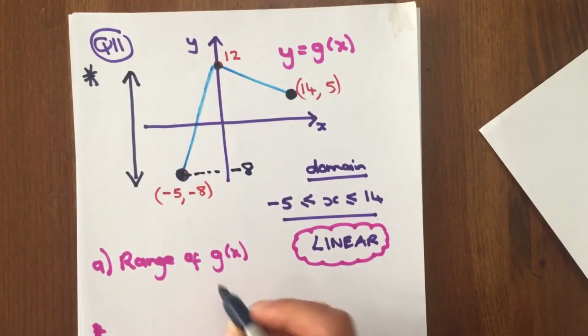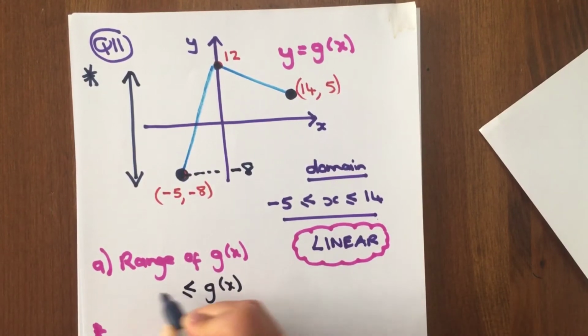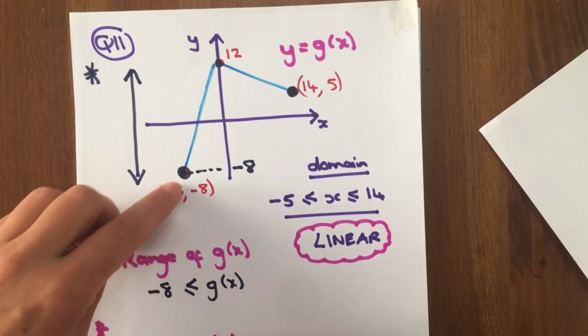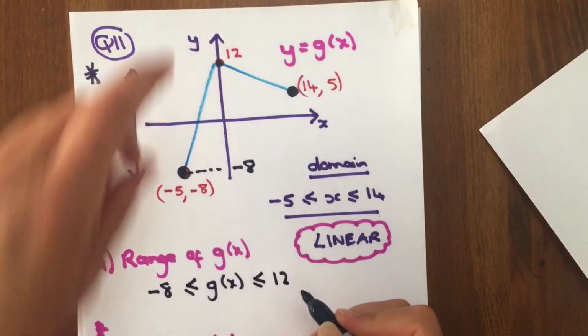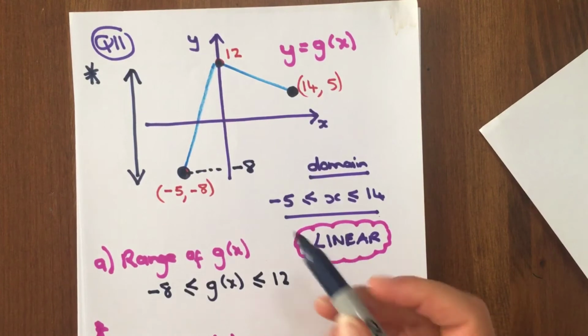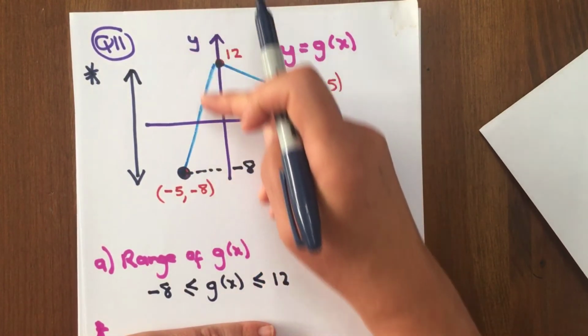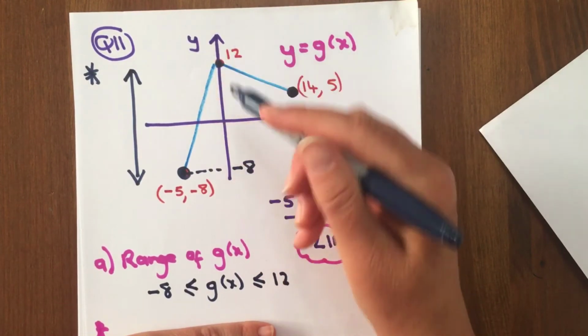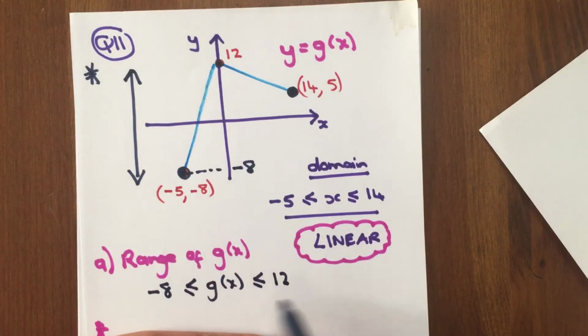Okay, so g of x, the smallest value it will ever be is -8. The largest value it will ever be is 12. And because you've got all of the values, there's nothing that's not included between -8 and 12. It's all the values of y. So therefore, there's nothing excluded here.